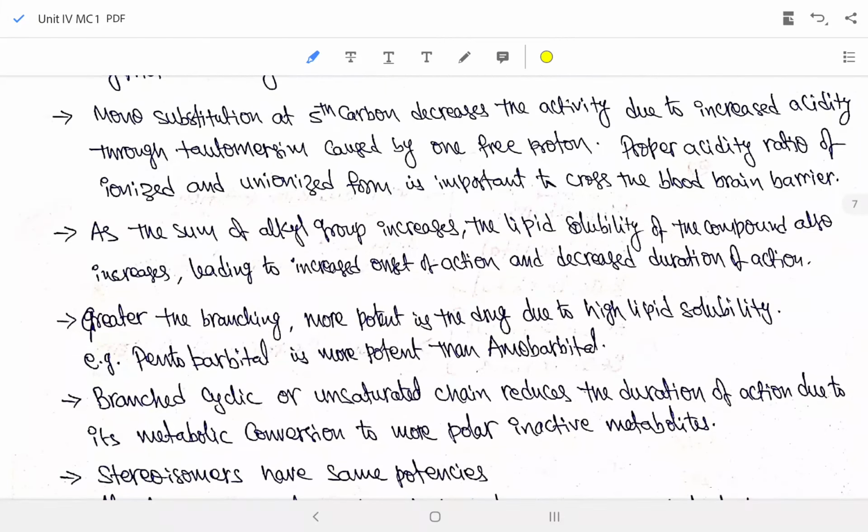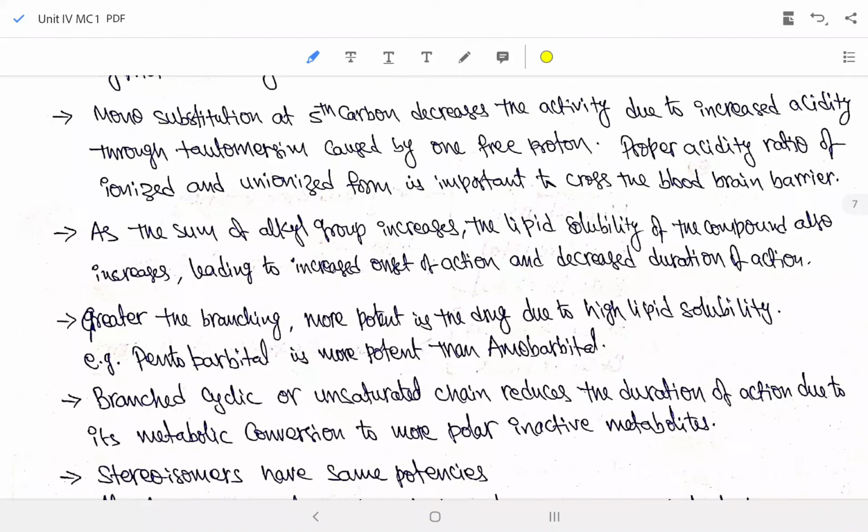And monosubstitution at the fifth carbon decreases the activity. That means both the hydrogens at the fifth position should be substituted. Not a single hydrogen should be left without substitution, as indicated in the first point itself. Then, if one free proton is left, it will cause tautomerism that will diminish the activity due to increased acidity.